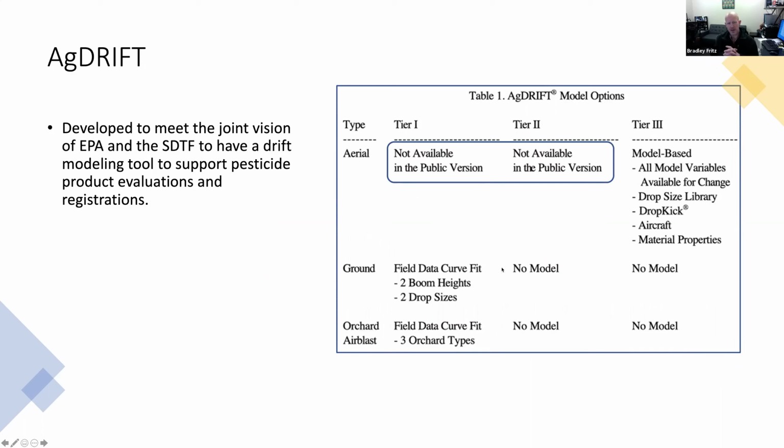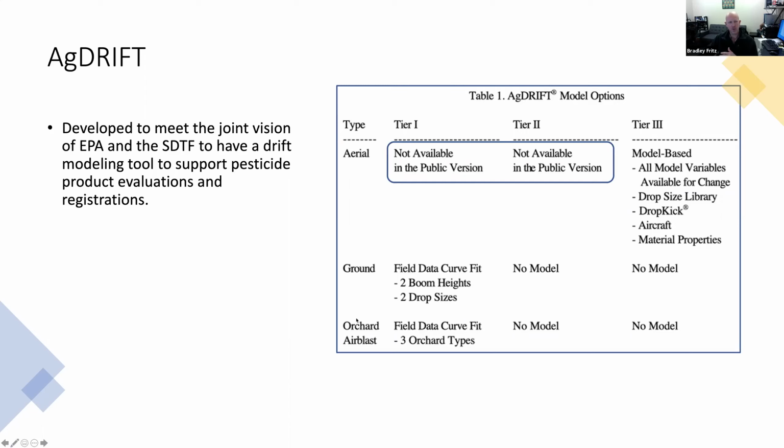You've got AgDisp for the aerial model within AgDrift, but when you look at the ground and orchard air blast functions within AgDrift, they're really primarily modeled to curve fits from Spray Drift Task Force data and a few other data sets that have been generated since then to be acceptable. So AgDrift is a different approach to the modeling.